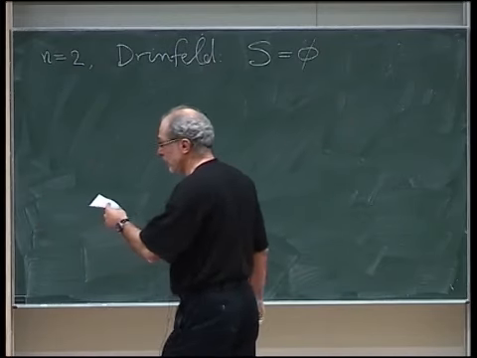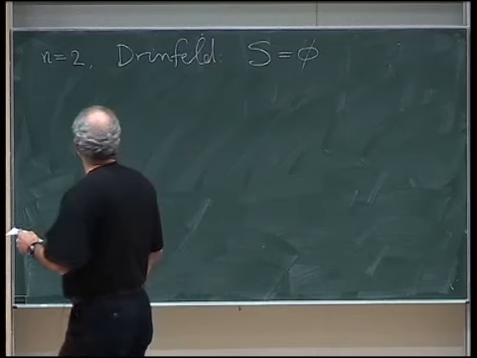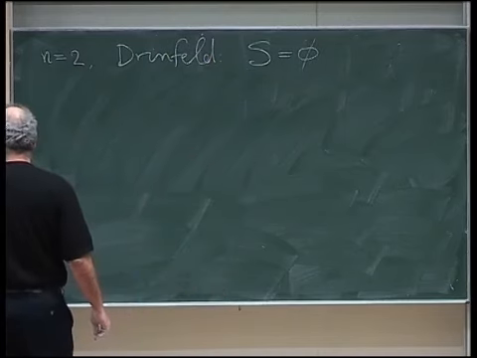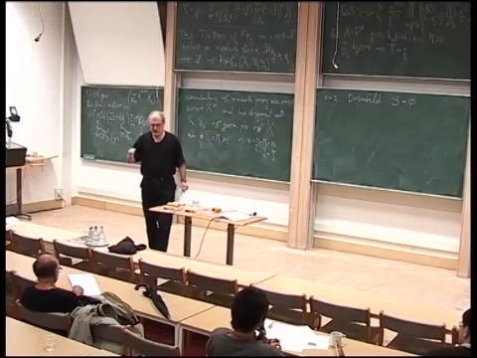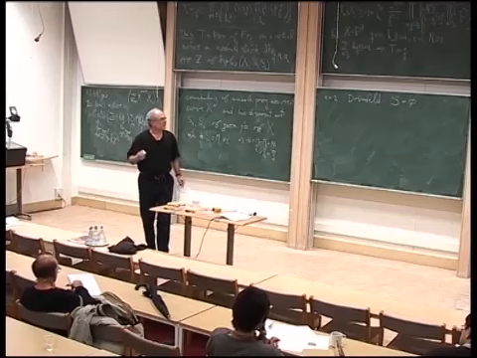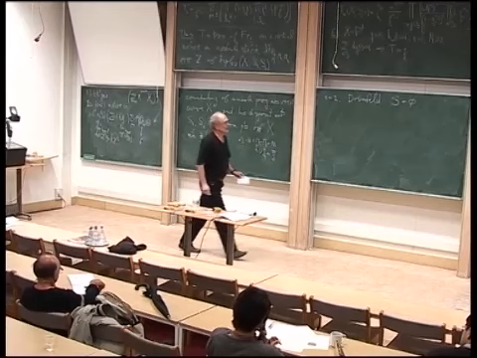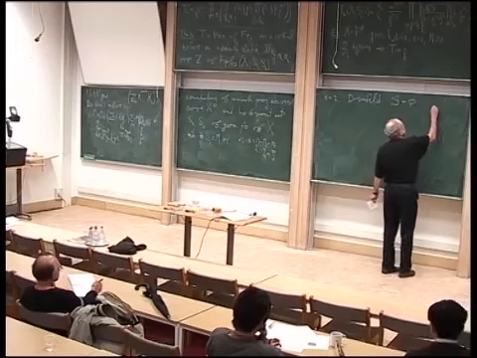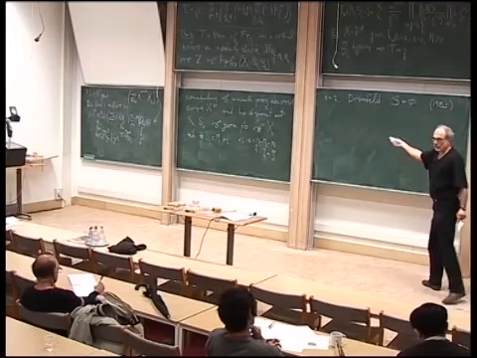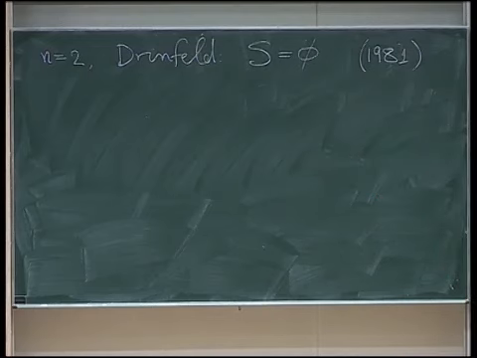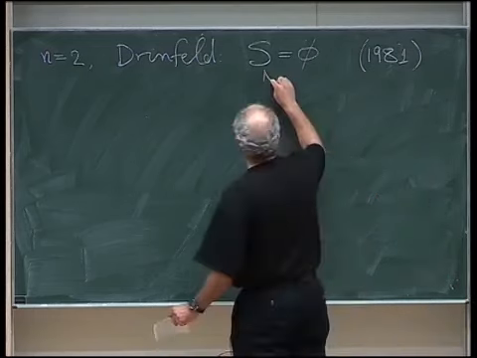I'll try to say in a word why. Is it supposed to have at least 2 elements everywhere? Right, in our work. So Drinfeld in 1981 considered the analogous question, where the number n was 0.